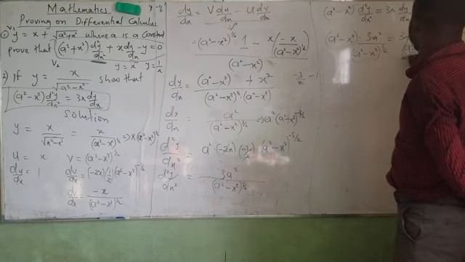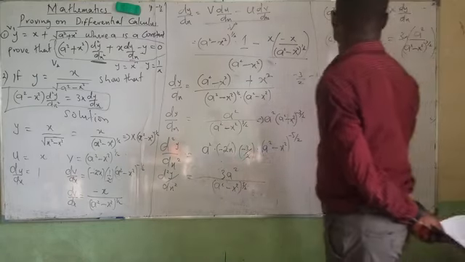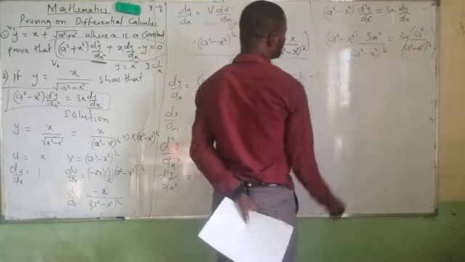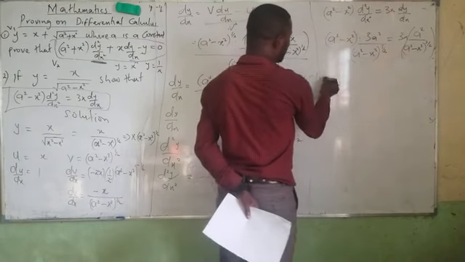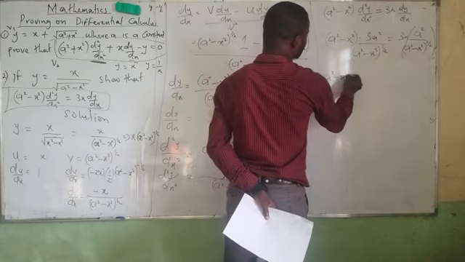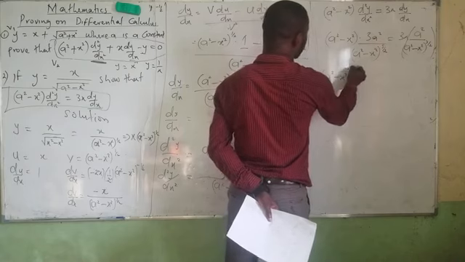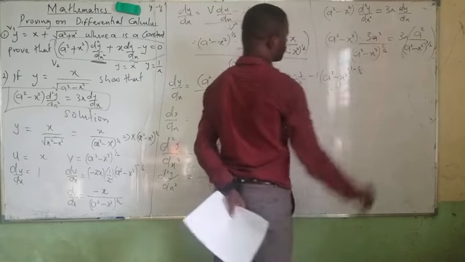Now don't forget there is a bracket here, there is a bracket here. Now what I just need to do is that they have the same base. I can call it a squared minus x squared bracket of 1 minus 5 over 2.